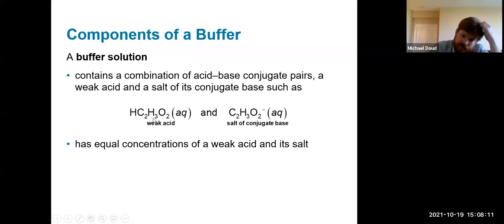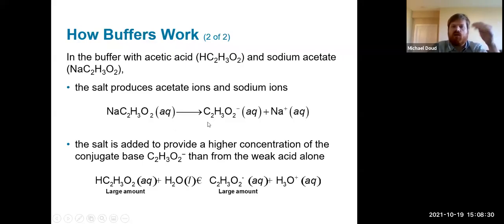So if you have a mixture of acetic acid and acetate, then you have a buffer system that resists changes. Basically, any acid that's added will react with the acetate to form acetic acid. Any base that's added will react with the acetic acid to form acetate. So it kind of ping pongs back and forth as long as you don't destroy the capacity of the buffer.